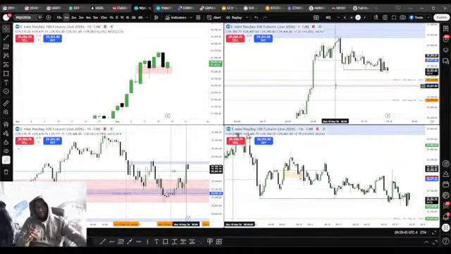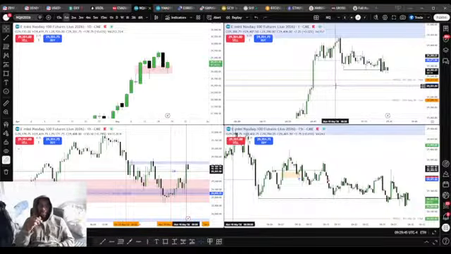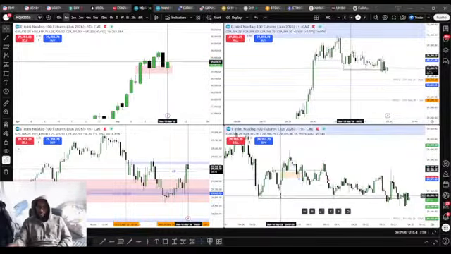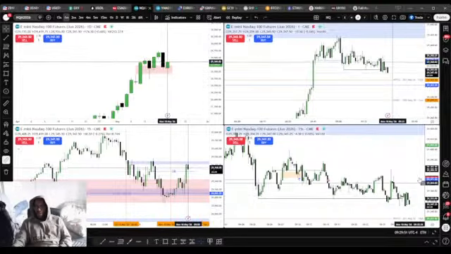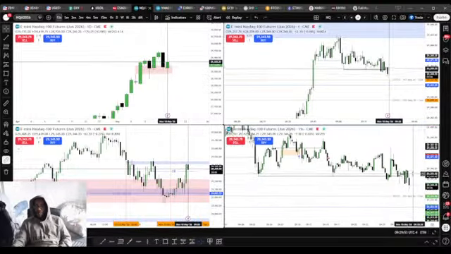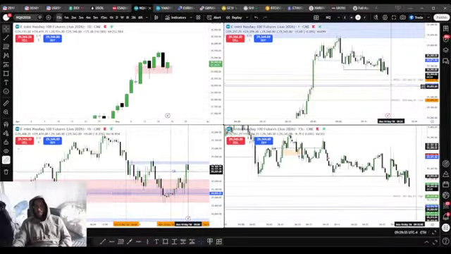Because we're in a tight range right now, I'm expecting an expansion, or should I say I'm expecting a massive downward or upside movement.